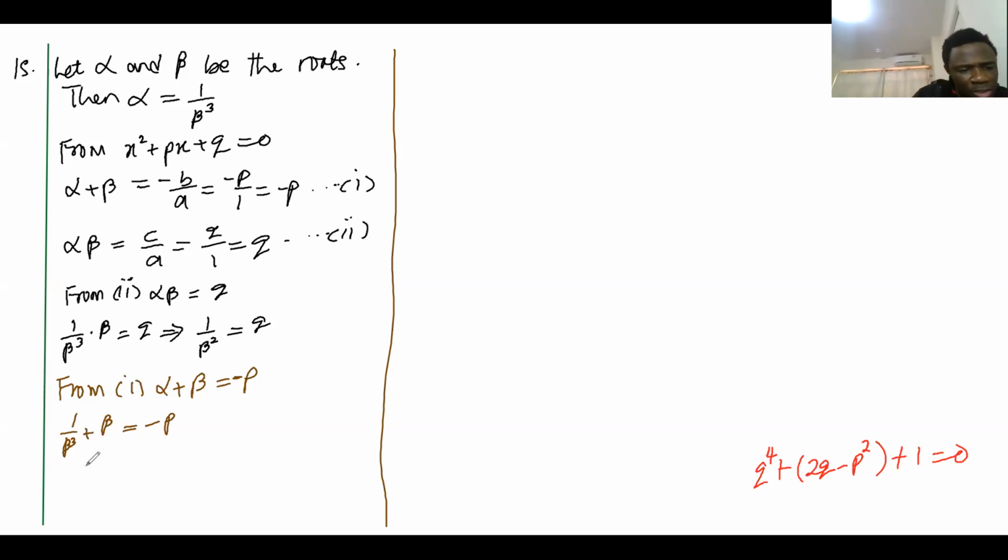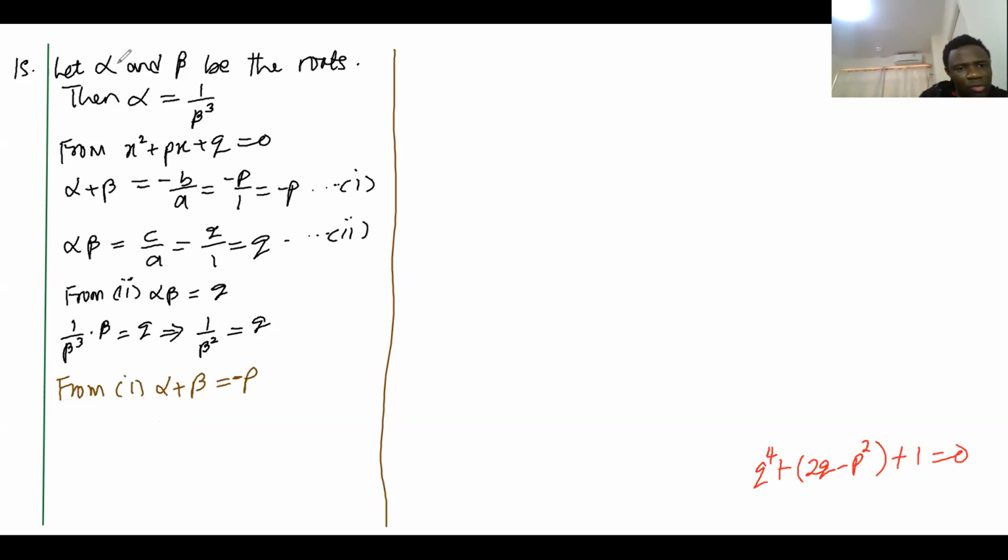If I combine this, all I could get is 1 plus beta to power 4 divided by beta cube equals negative p. I'm trying to see how I could substitute this in here. Maybe I could one way or the other. No.